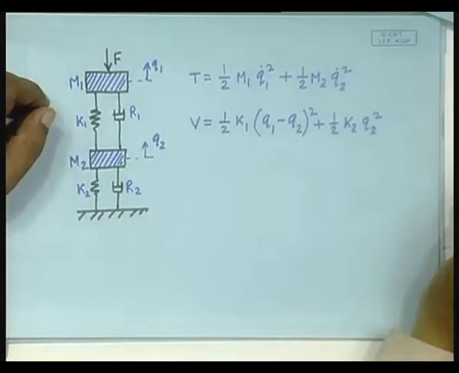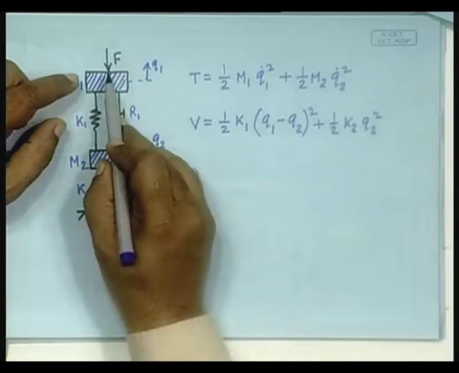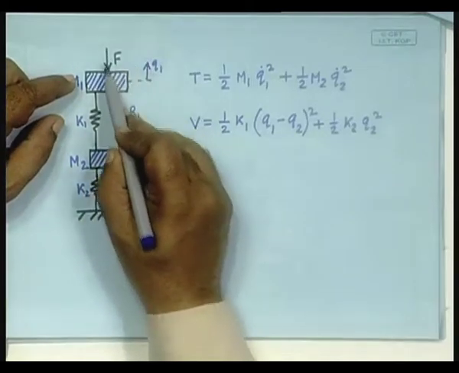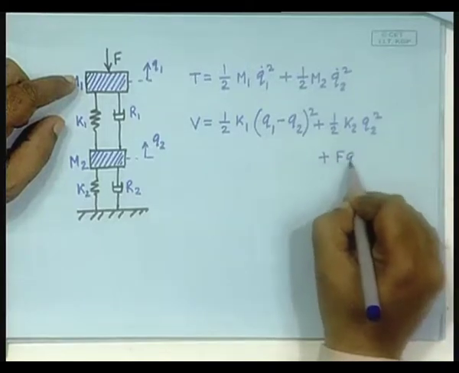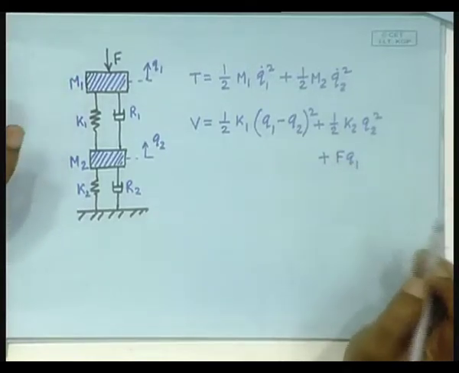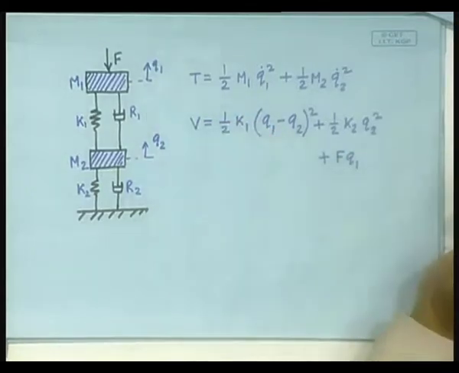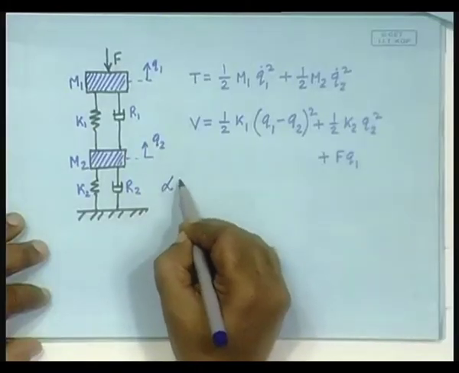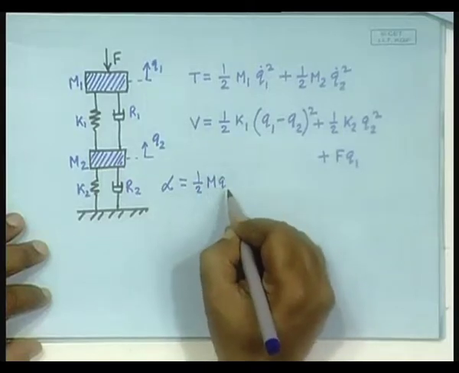Plus f q1. Now, here you see q1 is up and f is down. So, we will say plus, no, just q1 is acting in the direction of q1, right. Then your Lagrangian becomes, I will just quickly write so that we can differentiate first.